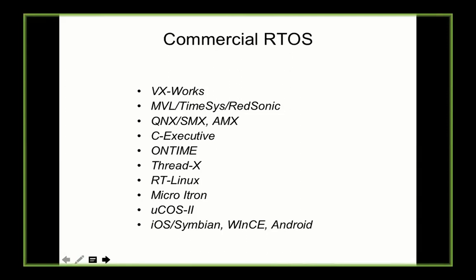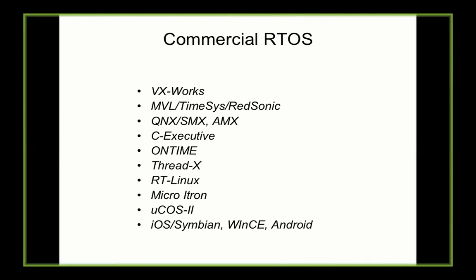Examples of some of the commercial real-time OSs are VxWorks, MontaVista Linux, TimeSys, RedSonic, QNX, SMX, AMX, C Executive, OnTime, ThreadX, or Nucleus, I should have said, RT Linux. You have MicroITRON. RT Linux is now referred to as Wind River Linux.